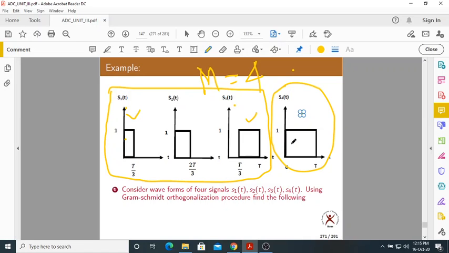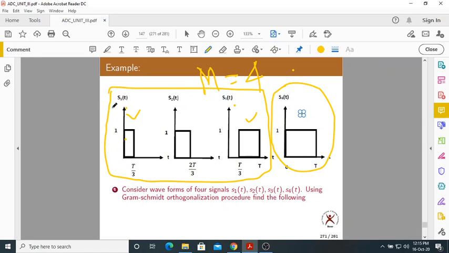S4 of t clearly depends upon S1 of t and S3 of t. Even though the given signals are 4, among them one is dependent on the other 2 signals. That's why we have only 3 linearly independent signals. From the given set of 4 signals, we form a subset of linearly independent signals.